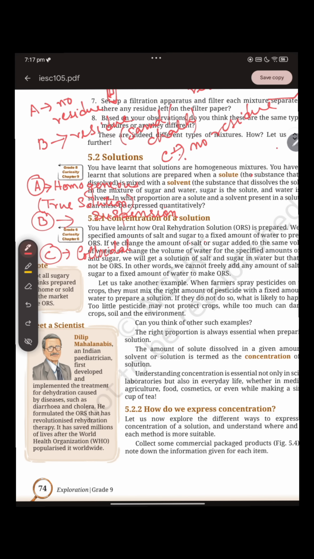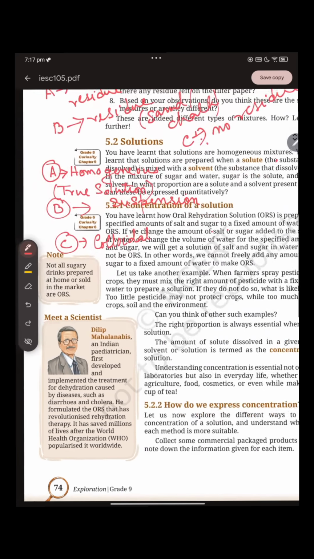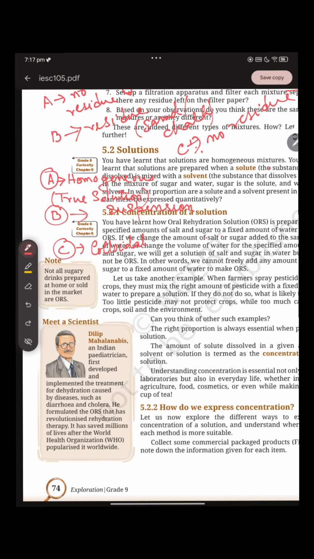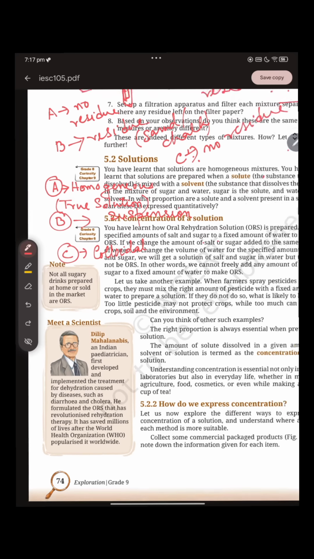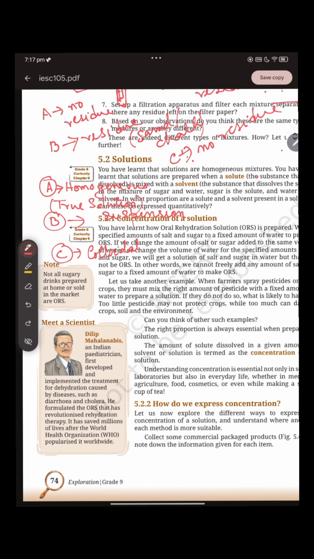Now let me tell you one more thing, that the particles of solute in a true solution, they are very, very small. The particles of solute in a suspension are larger than the pores of the filter paper, and the colloidal solution had particles of the solute with a dimension in between that of a true solution and suspension.